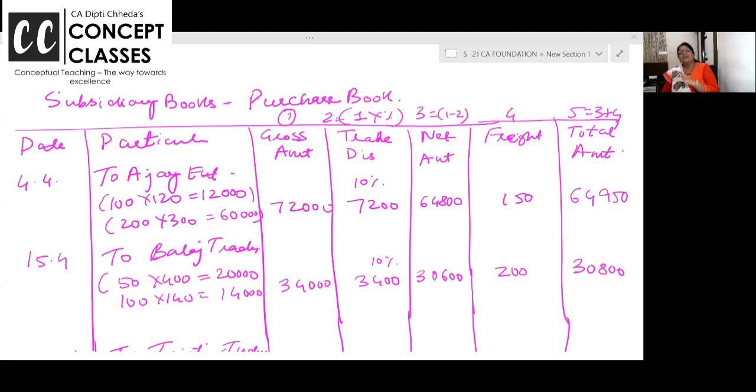Within the state it is CGST and SGST, outside the state, interstate, it is IGST. But GST is a type of tax the government is charging on goods and services rendered. If I am teaching you, I can charge GST. If a person is selling this water bottle, he can charge GST. In India, as of today, there are only two types of taxes: direct tax is income tax and indirect tax is GST. That's all, but very good.